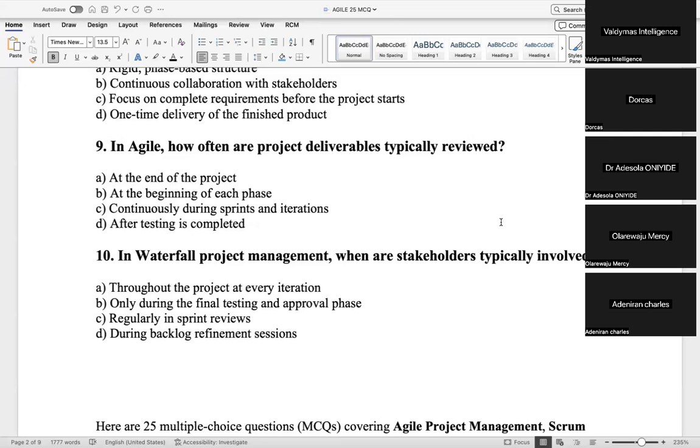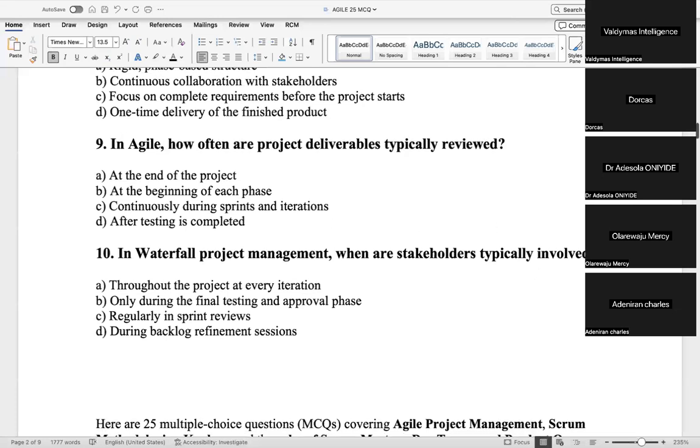So the answer is continuously during sprints. I hope he has been... It's okay, he's joining back now. I just want him to also at least... Yeah, it was part of question 8. So if we can give him a few seconds, he can come and answer 9 too.